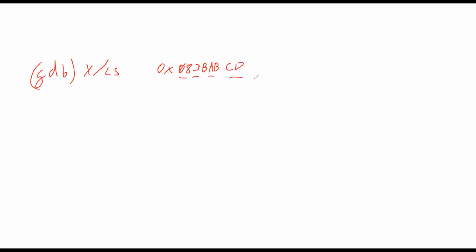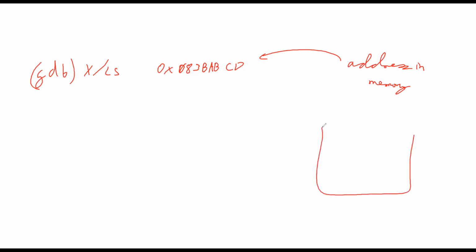They'll have 8 characters. This is an address in memory. The idea is that this address points to where there's some data, and then X/s will basically print out whatever is there and show it to you.